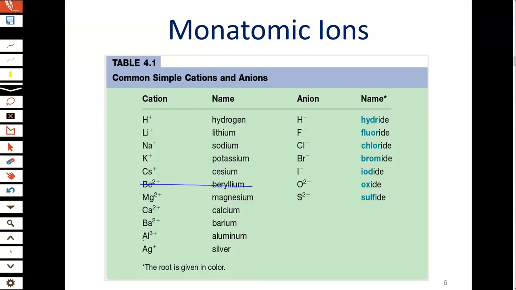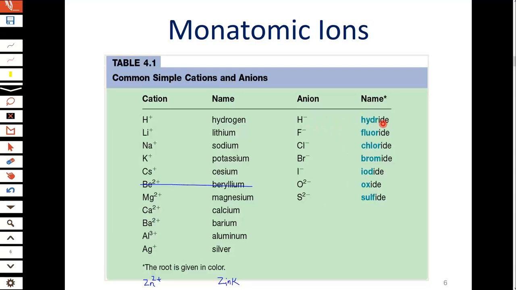Of course, I bring your attention to Ag, which is silver, Ag plus, and we can write down here Zn. Zn is always 2 plus, so it is a zinc ion. Okay, and going to negative ions, H minus is hydride.